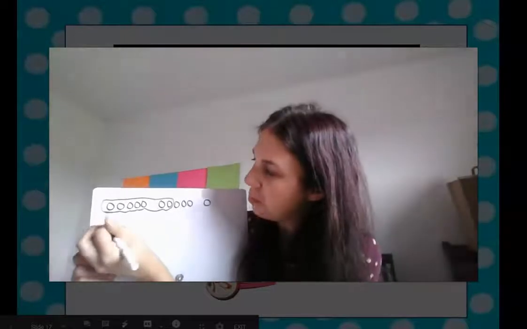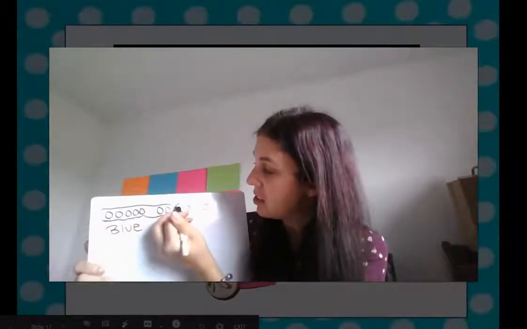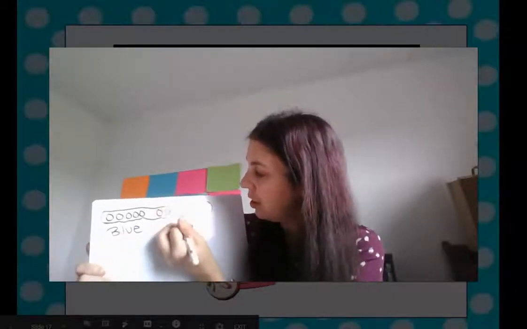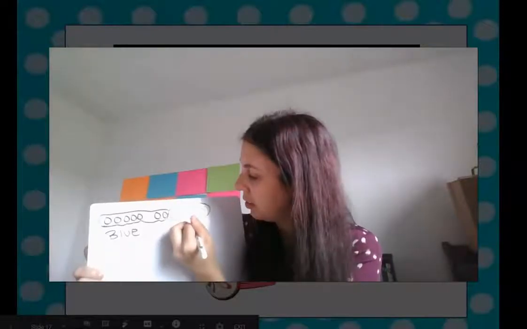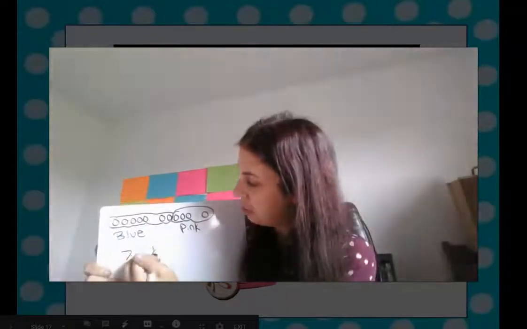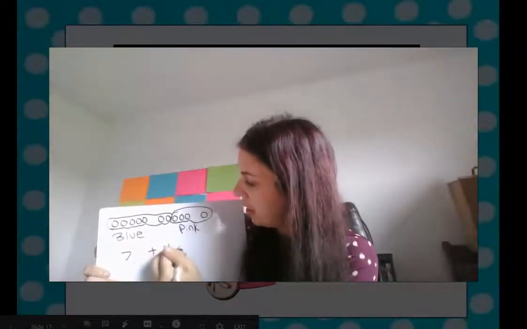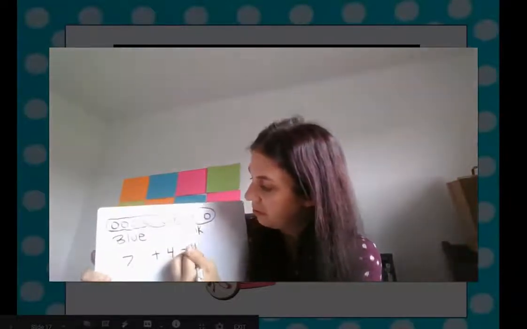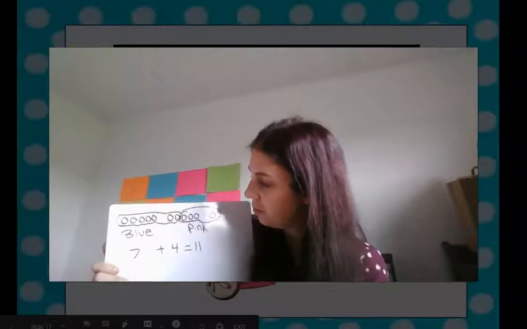And what color were 7 of them? Blue. Nice job. Blue. And the rest were pink. Let's see how many we have. 1, 2, 3, 4. We're pink. Okay? So we have 7 plus 4 equals 11.